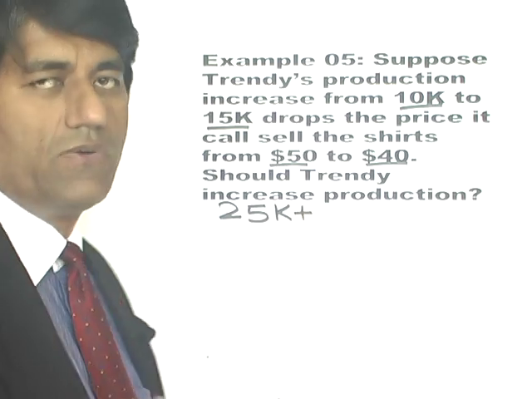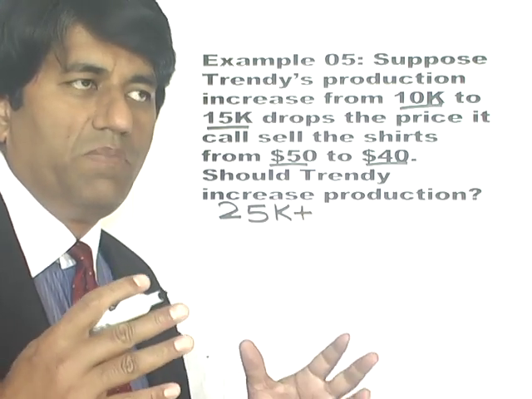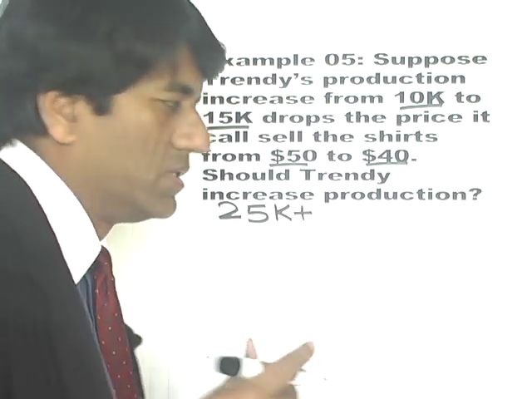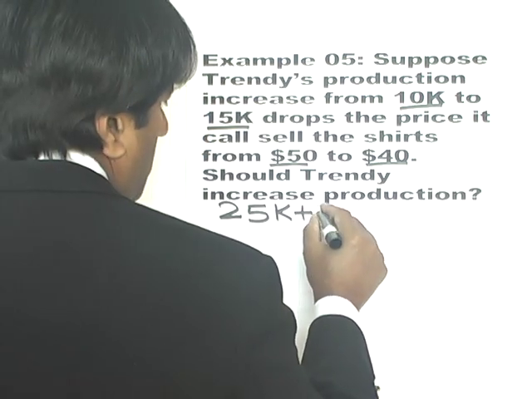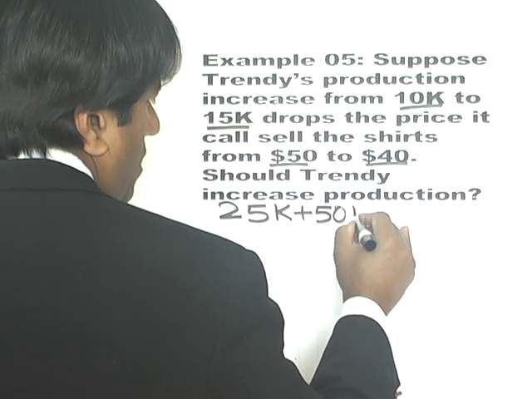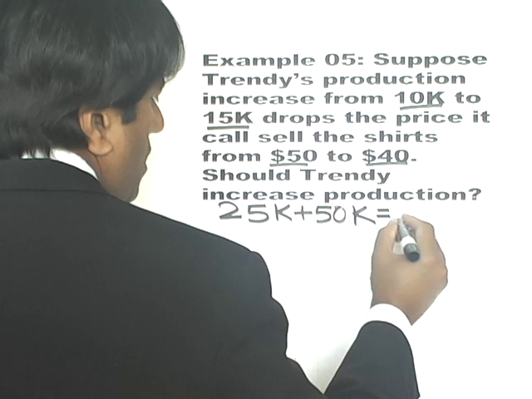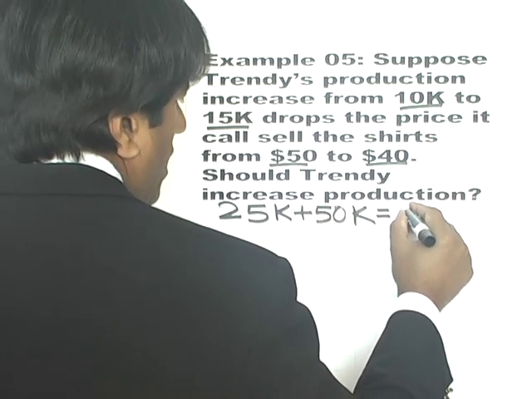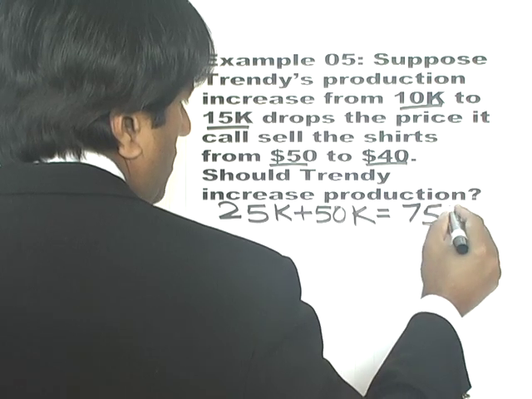The extra amount you would have to pay for labor would be 50% of 100,000, which would be 50,000. So the extra amount of variable costs would be 75,000.